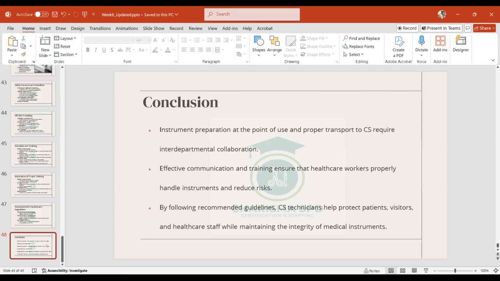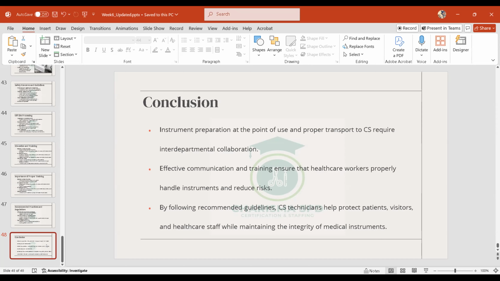Environmental services mop the floor because there are drips or a spillage, and they put a wet sign on the floor informing people it's risky. All of that is effective communication. Sometimes the OR tells us that this patient has cancer or HIV before the instruments come in. That is some form of communication.